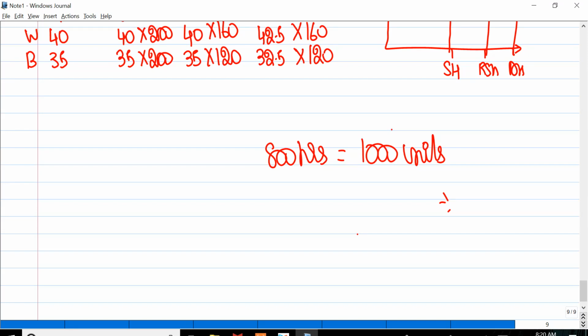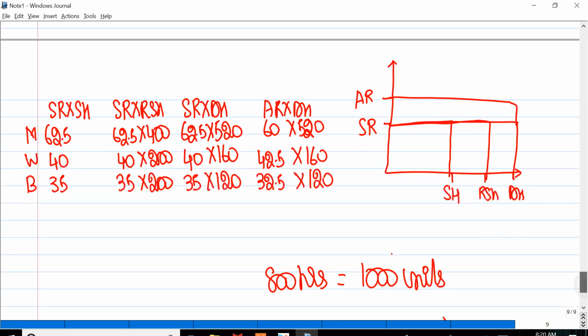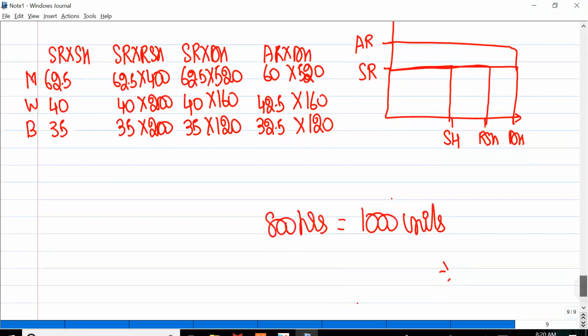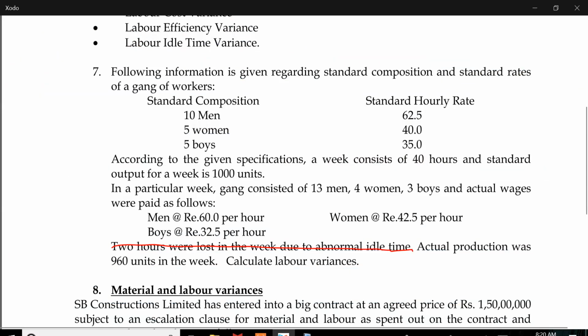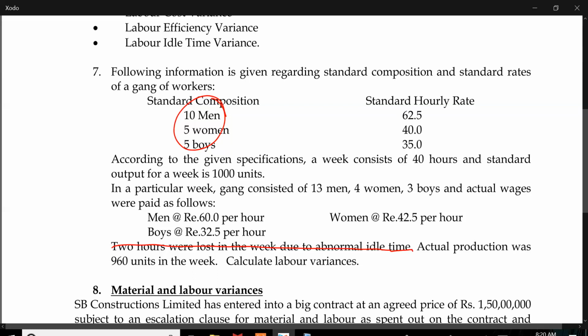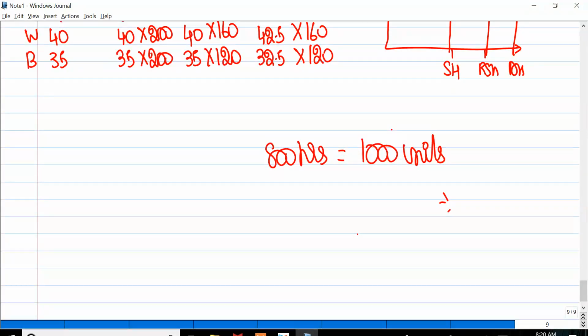RSH is the total of actual hours, which is 520 plus 160 plus 120, 800, divided in the ratio of 10:5:5 or 2:1:1. Standard: 800 hours equal to 1000 units. For the actual output, what is it? 960.